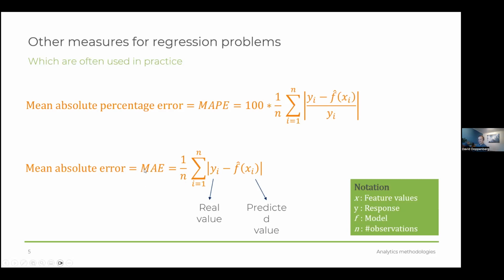Similarly to the mean squared error, instead of taking the square, you can also take the absolute value. So in this case, we don't do the square, but we replace squaring the error with taking the absolute value, and again we average that absolute value.